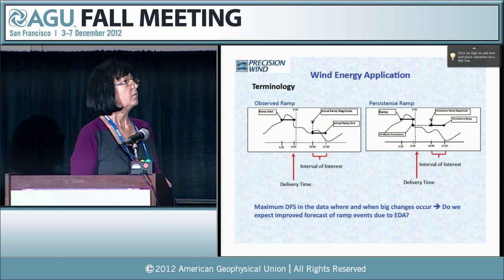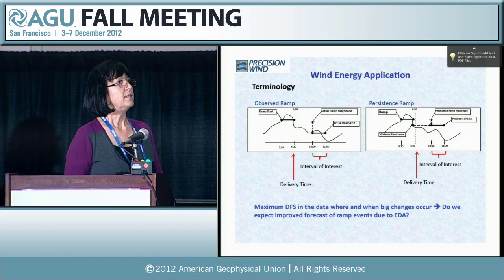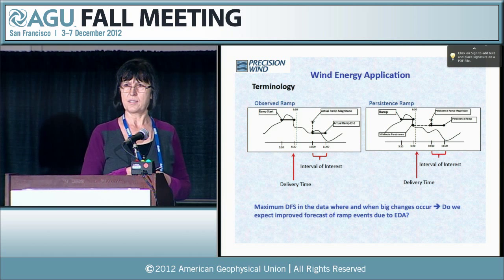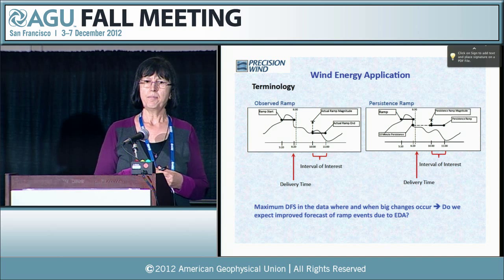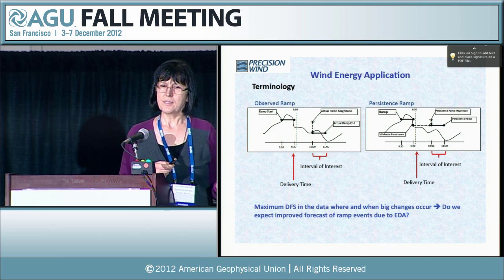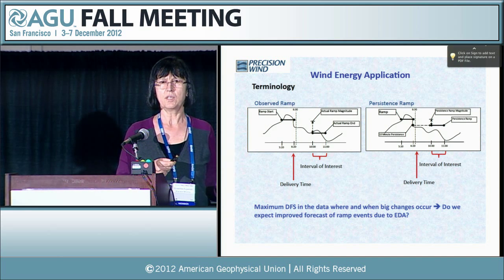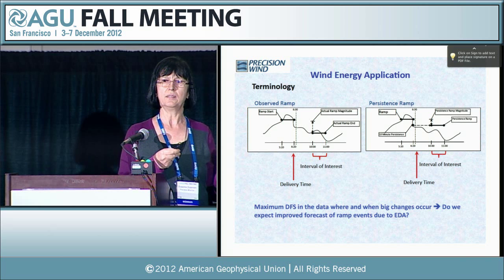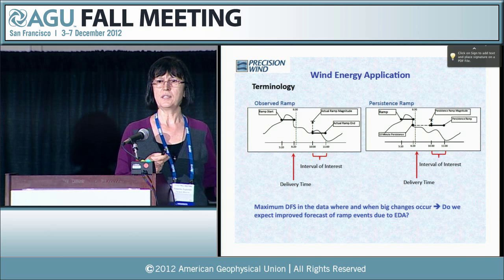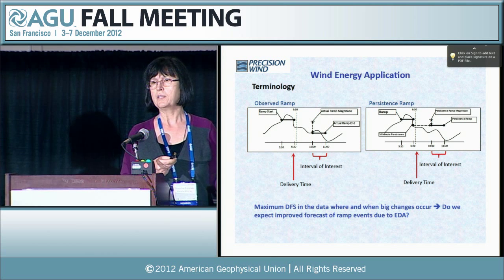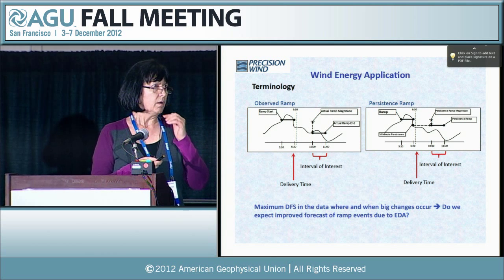And what we also look at here is something that's called persistence ramp. That's the ramp forecasted by persistence forecast, and persistence forecast means whatever is happening in this particular moment will stay forever, or at least for a couple of hours.